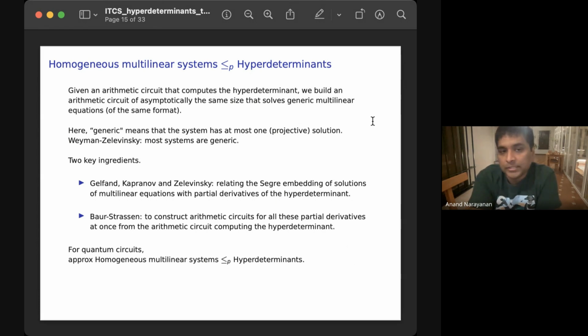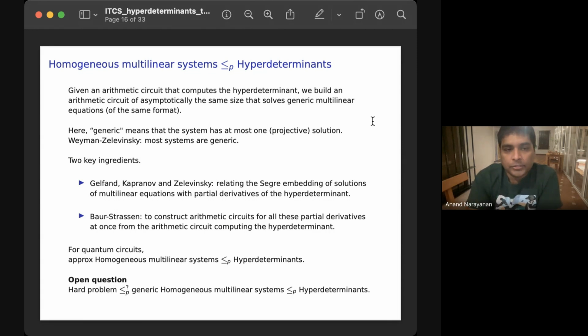So one may be curious how hard hyperdeterminants are on a quantum computer, and our reduction says likely hard. So one caveat here is that we only solve the multilinear systems approximately because I don't quite know of a quantum version of Baur-Strassen, but we can have an approximate partial derivative computation using the quantum Fourier transform.